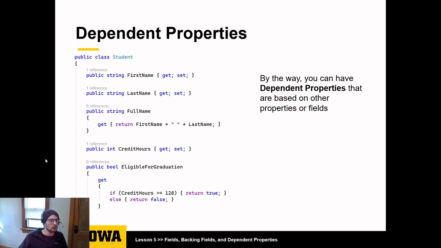And when outside code asks for the value of eligible for graduation, we write the instructions right here. We just look at the credit hours. If it's greater than a certain value, we return true. Otherwise, we return false. So you can write these properties that are dependent on other pieces of data in the class. Okay, so with that, we'll transition to an exercise.